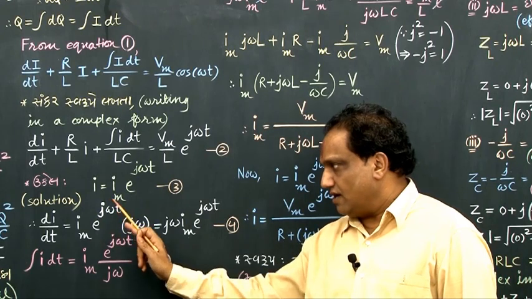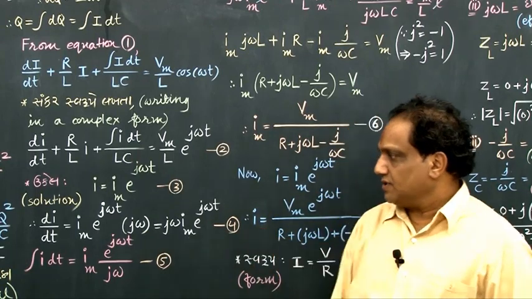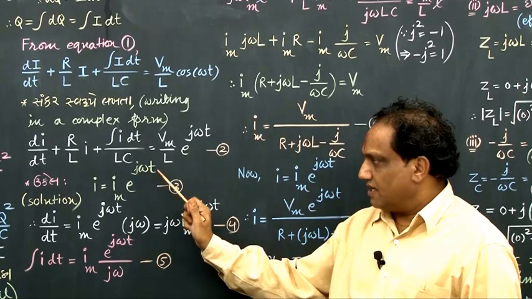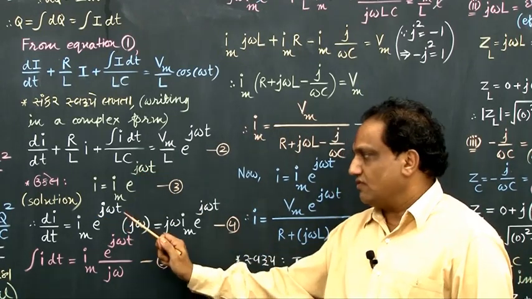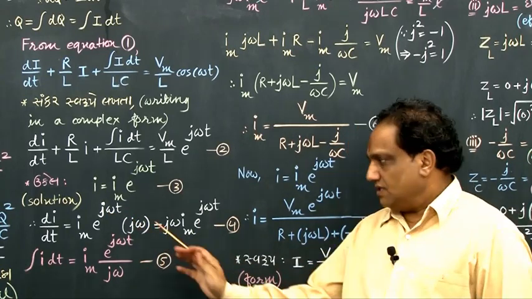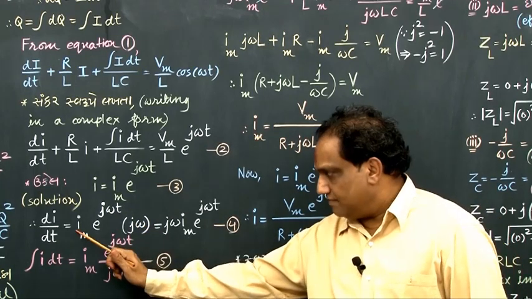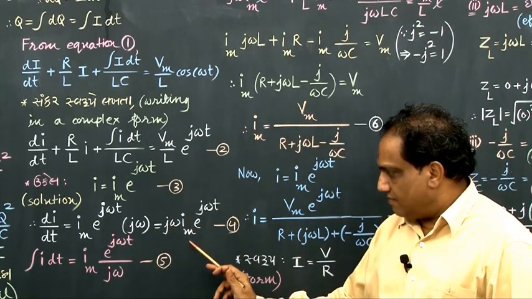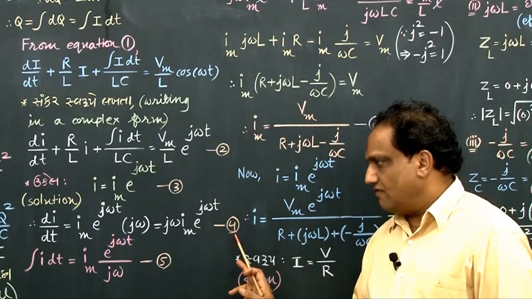It is j omega. So you must multiply by j omega. I repeat, Im is constant, d by dt of e raised to j omega t is e raised to j omega t into the coefficient of time, which is j omega. Got it? Just rearrange it properly: j omega Im into e raised to j omega t. Correct? Give it equation number 4.